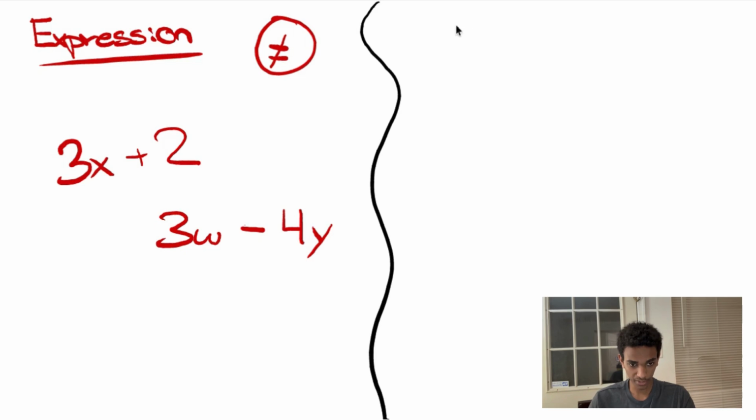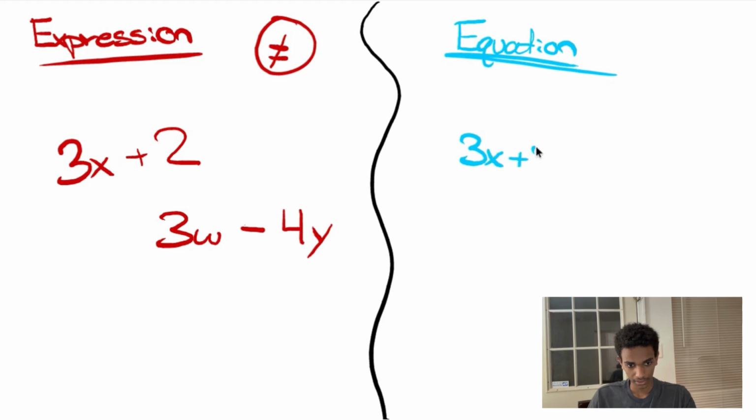While an equation, on the other hand, which you could probably guess, is a mathematical statement with an equal sign. So that's things like 3x plus 2 equals 7, or 3 plus 2 equals 5, things like that.